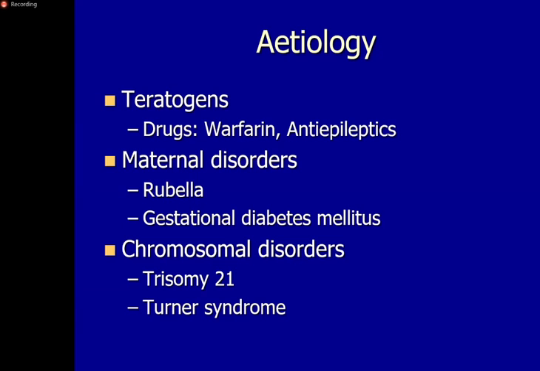For example, in trisomy 21, you get what is called the AV canal defect, the cushion defect, involving both an ASD and a VSD. Then in Turner syndrome, you can get right heart defects, left heart defects, especially coarctation of aorta. Conditions like that could be there.